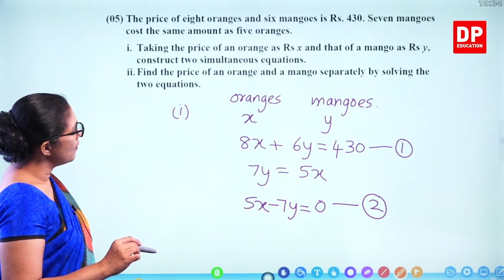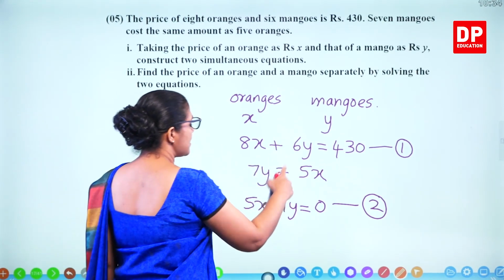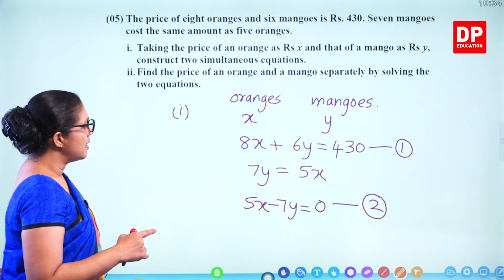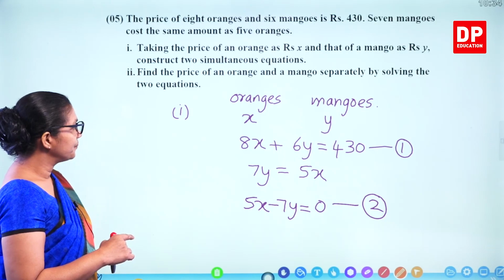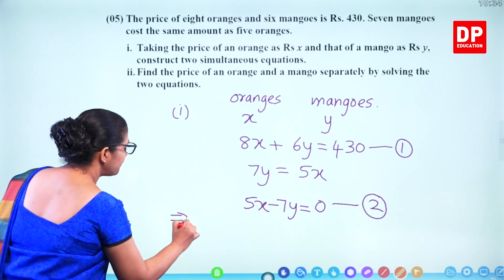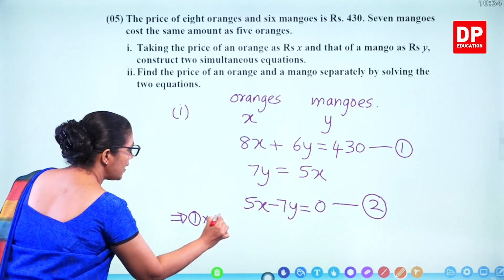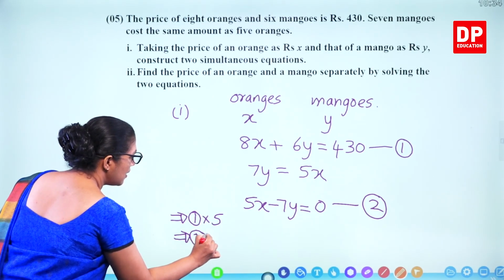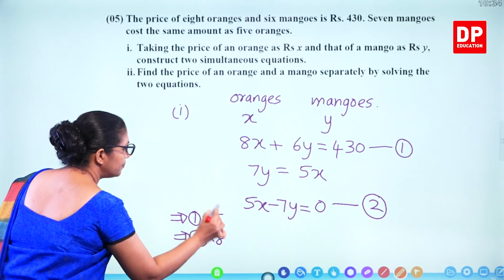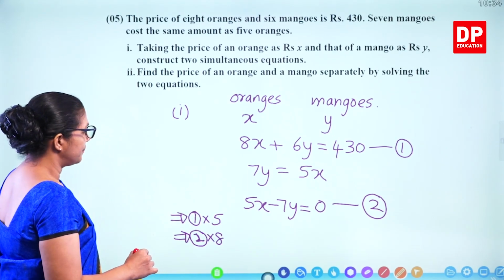How do you solve it? So 8 and 5, or 6 and 7. So we'll make the coefficient of x equal. First one multiplied by 5, second one multiplied by 8, and then subtract.